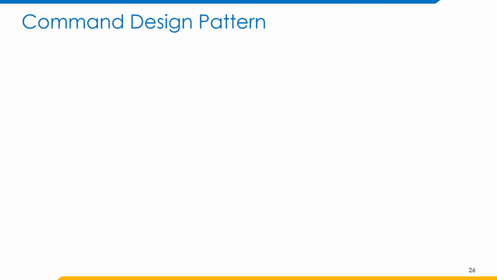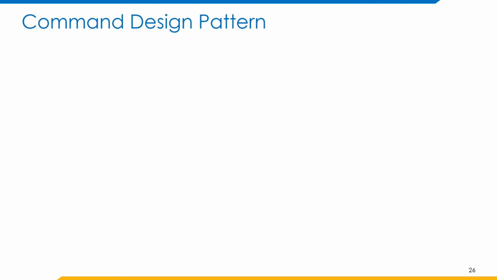Command design pattern. In this design pattern, we will discuss how we can execute multiple commands by combining all those commands in a single object, so they get executed according to the action.